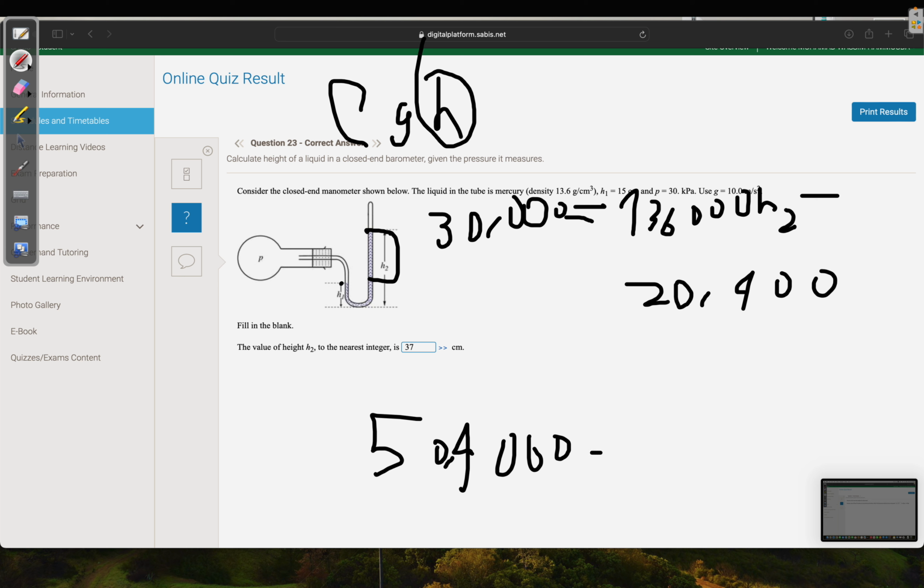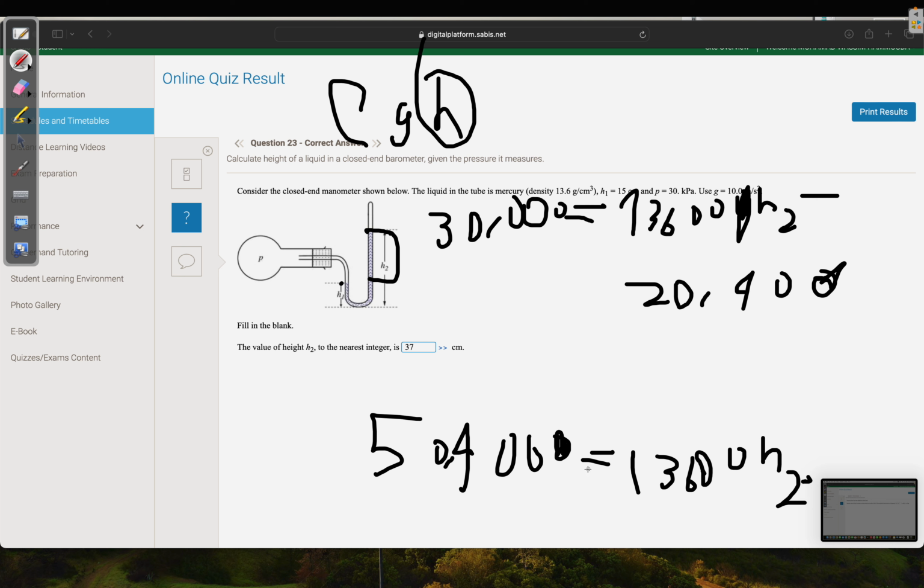Is equal to, I think I made a mistake. I think we should remove 10, then 10 here is equal to 136,000 height 2, and then we divide 50,400 divided by 136,000.